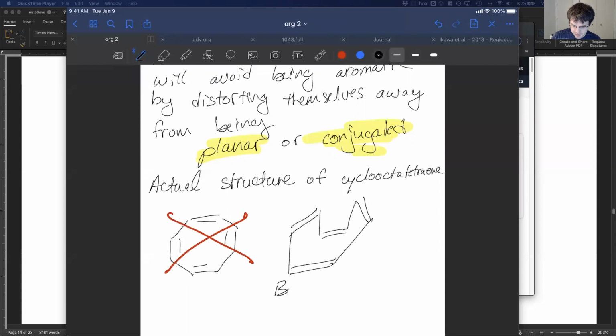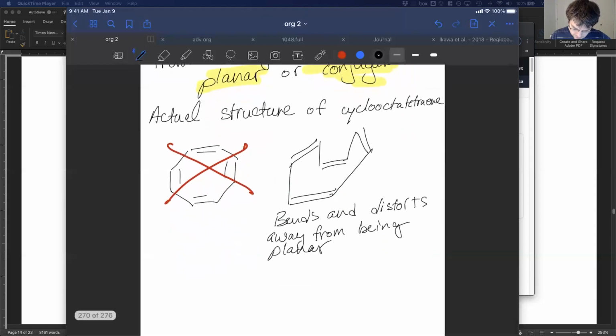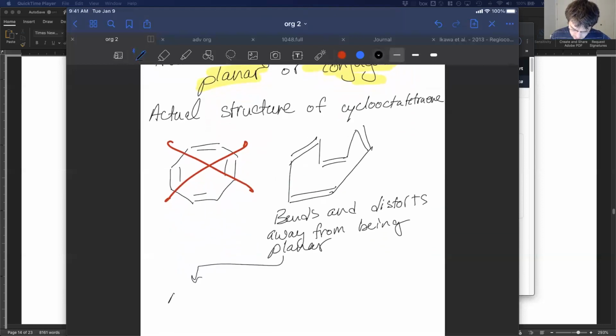So it bends and distorts away from being planar. And if it's not planar, it's not aromatic.